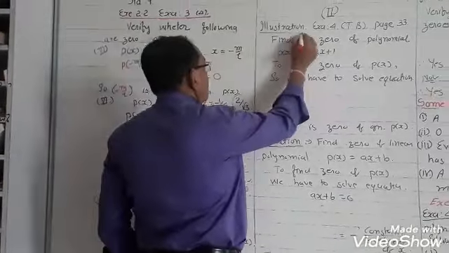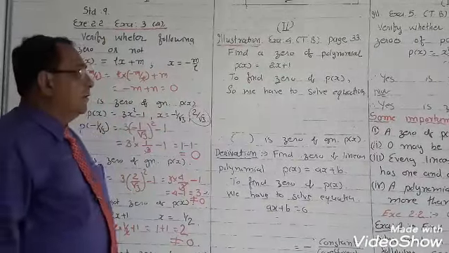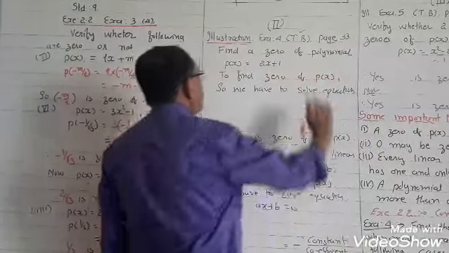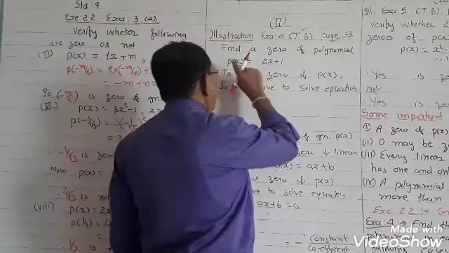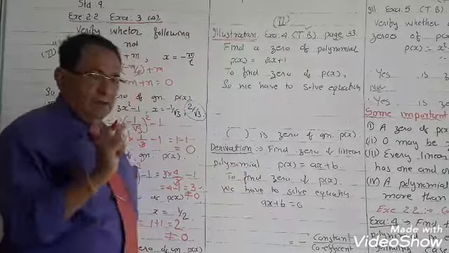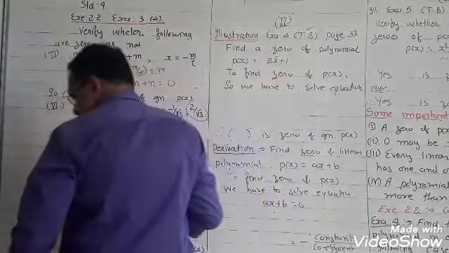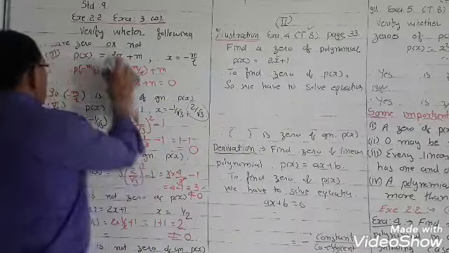Now again we will go for the illustrations. Textbook page number 33, example number 4. Find a zero of the polynomial p(x) is equal to 2x plus 1. Now you want to find the value of x such that p(a) is equal to 0.